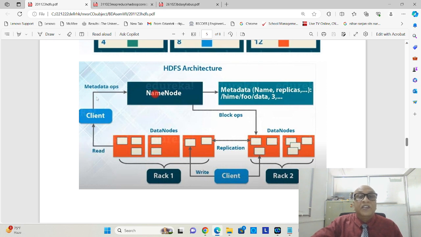You can see here there is a name node which is maintaining the metadata. There is a read operation being performed by the client, and the client is reading from the data nodes, as well as a write operation performed by the client, which is also being performed on the data nodes. So reading and writing from the data nodes.